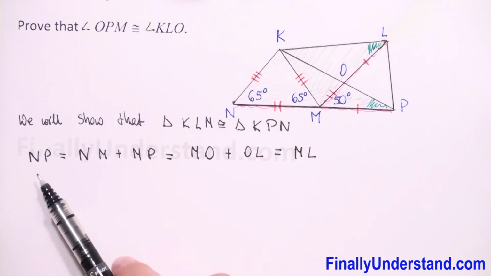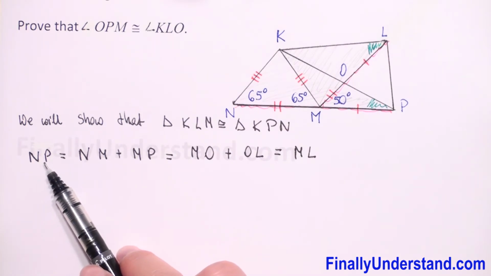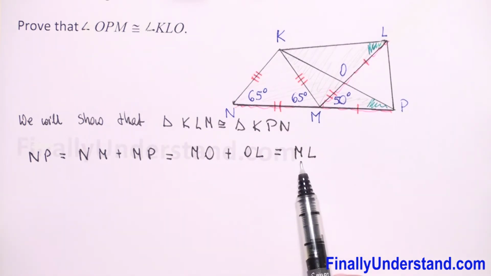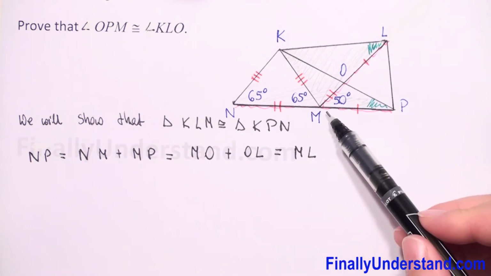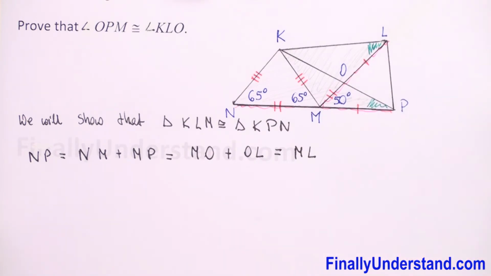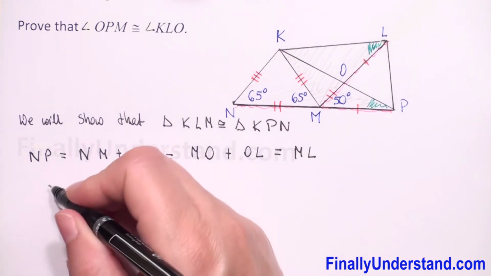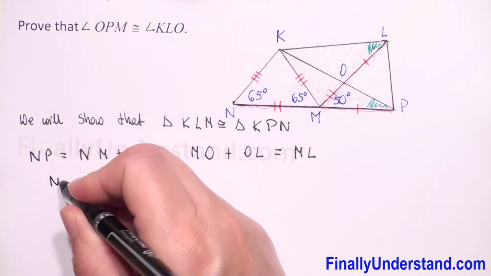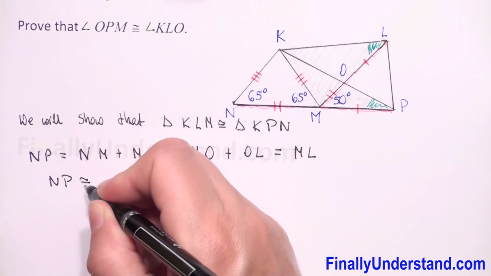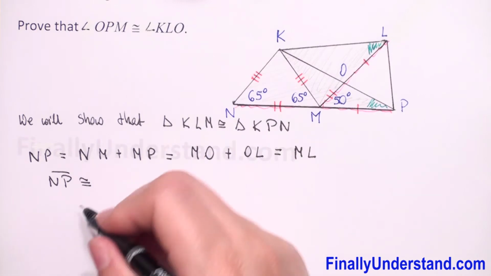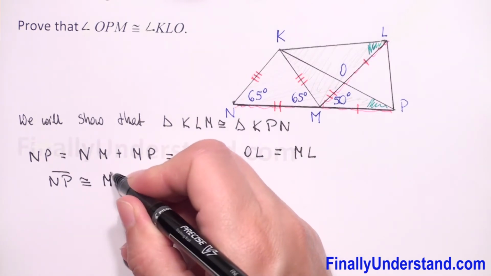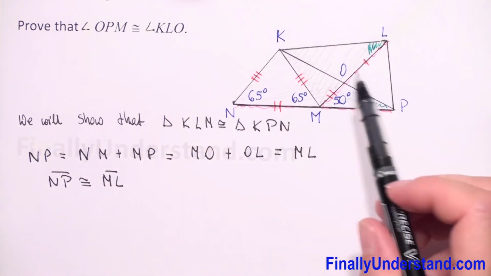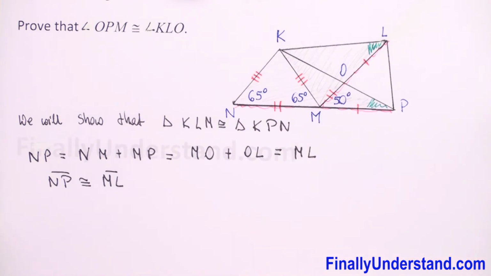We have that measure of NP is equal to measure of side ML. It means that side NP is congruent to side ML. I just used what we have given on this diagram.